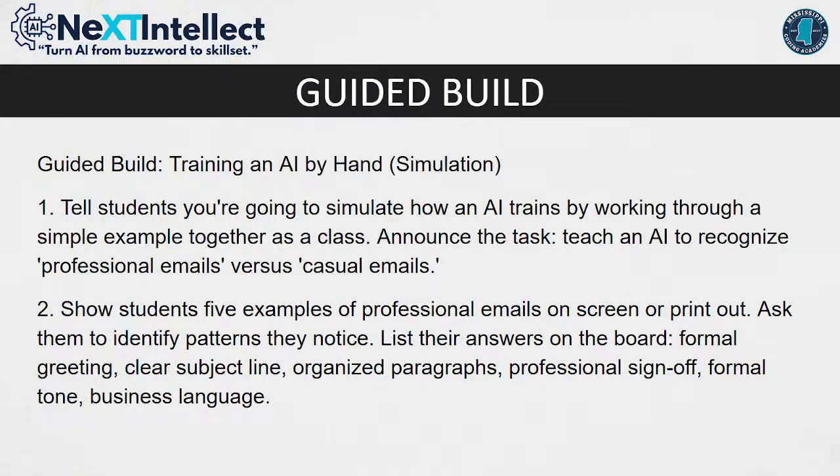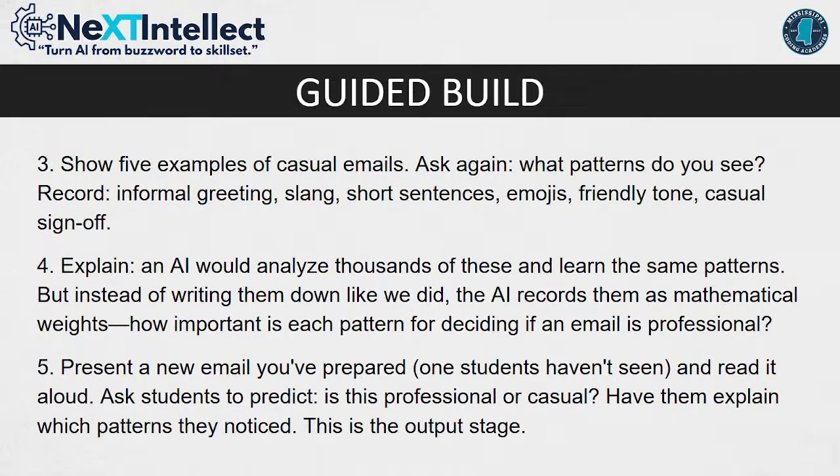So for our guided build, we're going to see how AI might be trained on recognizing professional emails versus more casual ones. We'll look at 5 examples of professional emails and note what usually constitutes a professional email. Then look at 5 that are more casual.